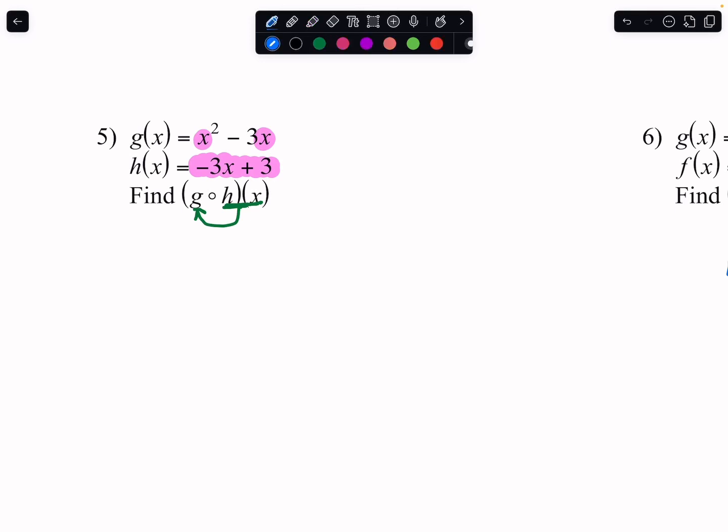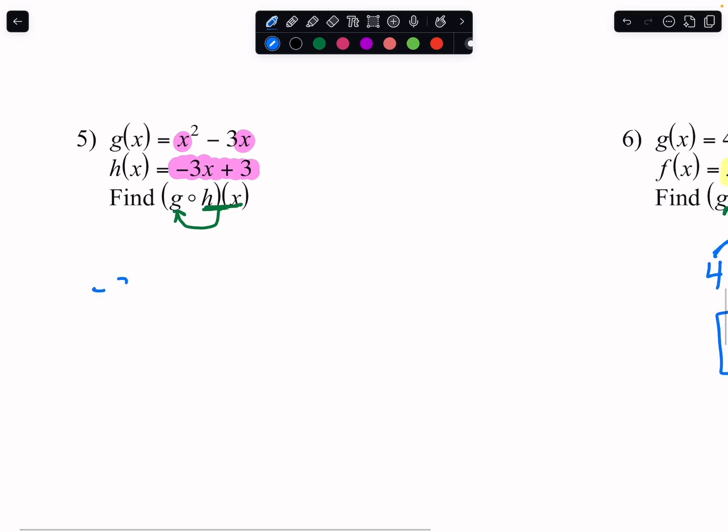First I'm going to do my first one, negative 3x plus 3 squared. So I put this one right there. Minus 3 parenthesis. Now I'm going to put this right there.